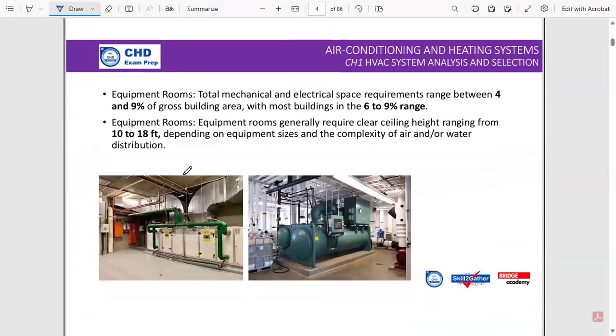Now let's talk about the equipment room. What is an equipment room? Equipment rooms are places where you are keeping the chiller or AHUs. The total machine and electrical space requirement for an HVAC system is actually between 4 to 9% of the gross area of the building.